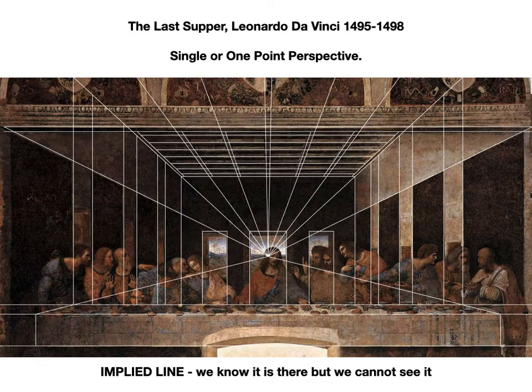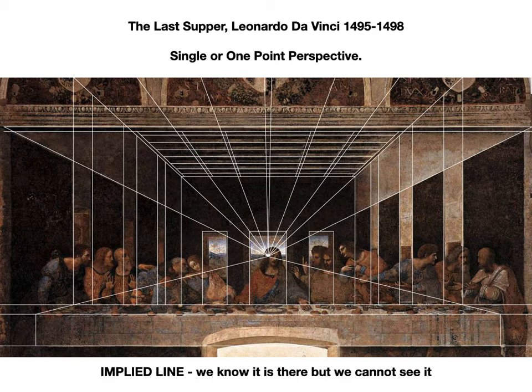Now we look at the mathematical representation of that. So here we have single point perspective. It's very, very simply done. It's very dramatic in the way that it works. And we can see that the single point is actually placed very specifically on Christ's head to create Christ as the center of the painting. He is the subject and the most important element in terms of this narrative.